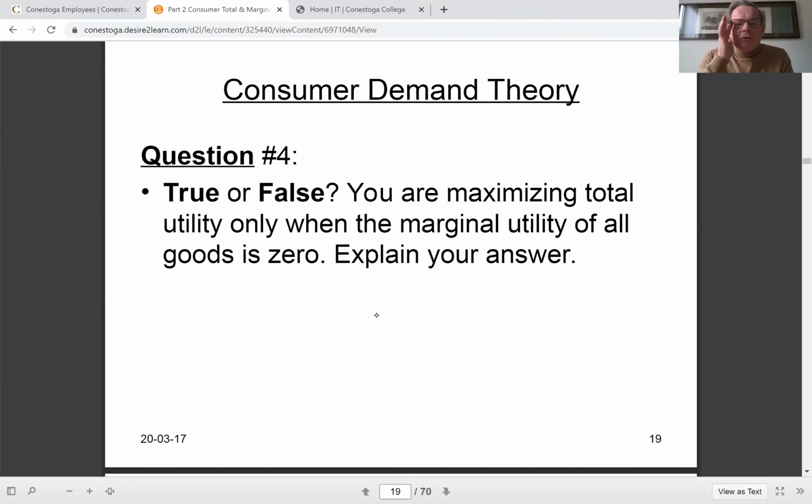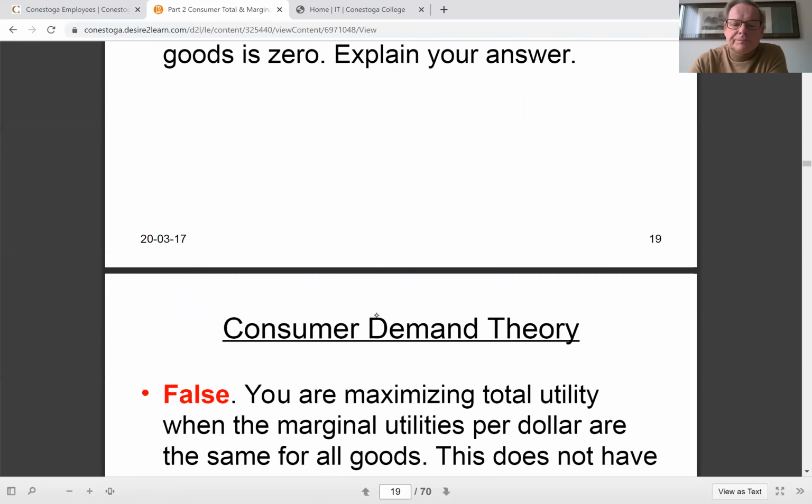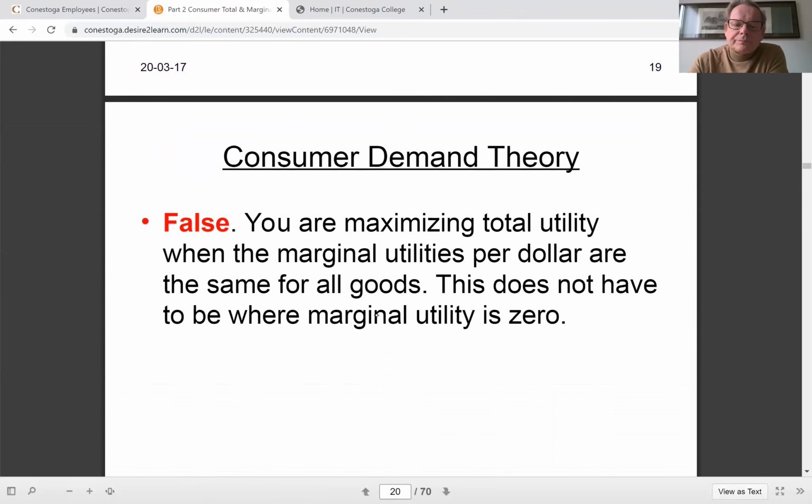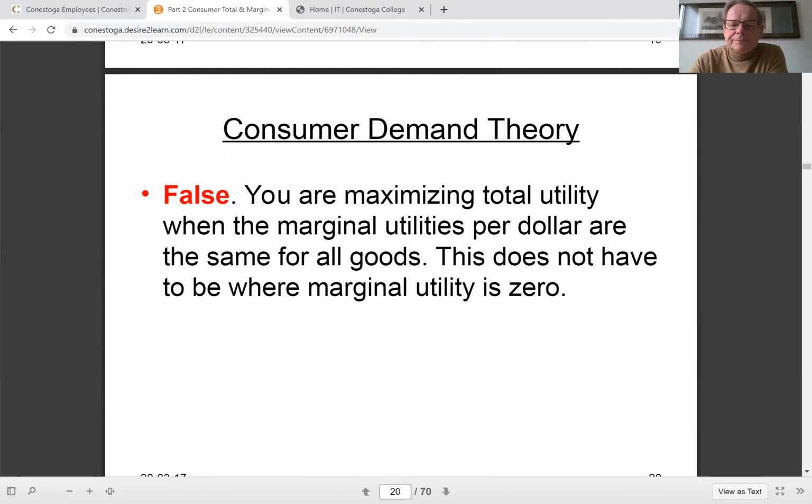But for the consumer to be in equilibrium, they're going to be consuming more than one item, and that's when you have to utilize the fact that the marginal utility of the last X consumed divided by its price is equal to the marginal utility of the last Y consumed divided by its price, subject to the constraint. So it does not have to be when it's equal to 0.